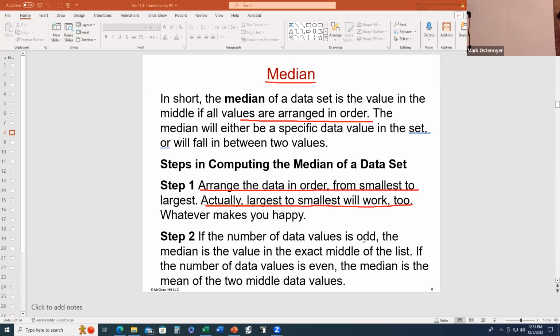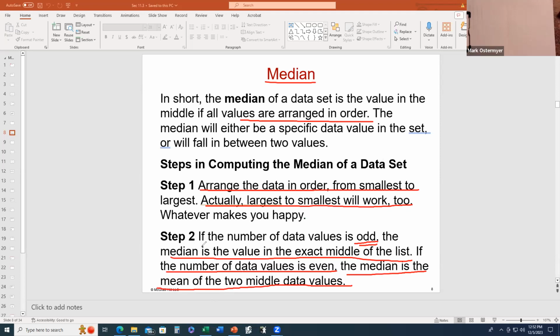If it's odd, then the median is going to be the value in the exact middle of the data set. If, on the other hand, your data set consists of an even number of observations, then the median is going to be the average, or the mean, of the middle two data values, and may or may not actually be a data point in your data set.